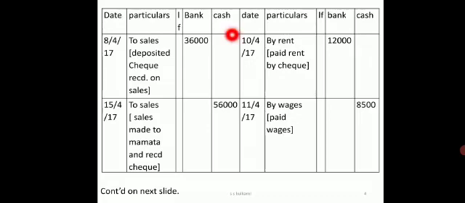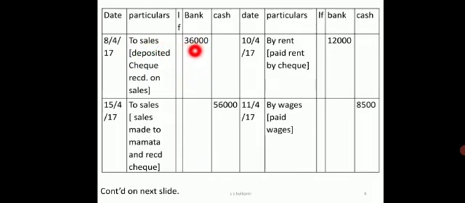Next one, it is continued. On 8th, I have received sale of goods. So on 8/4/2017, sales are made, and on the same day the check is being deposited. So whenever the check is deposited on the same day, it is treated as direct payment received by bank. So I will write to sales. In the bank column I will write because it is sent to bank on the same day.